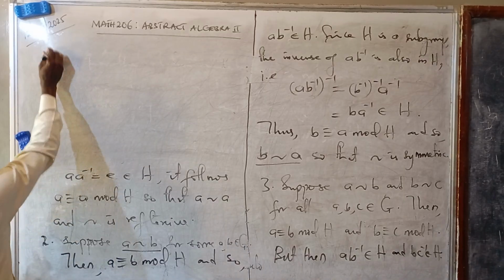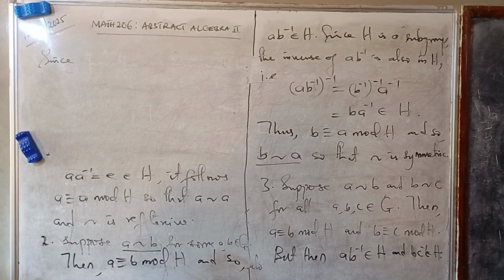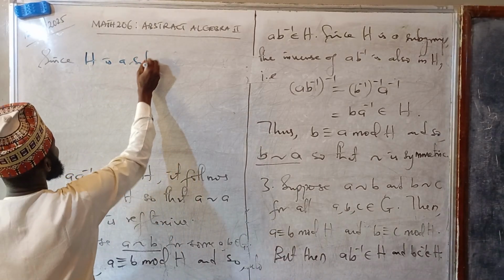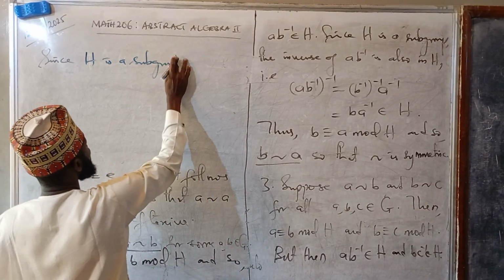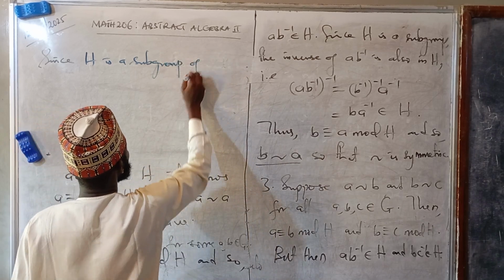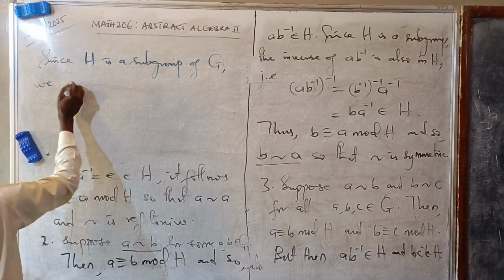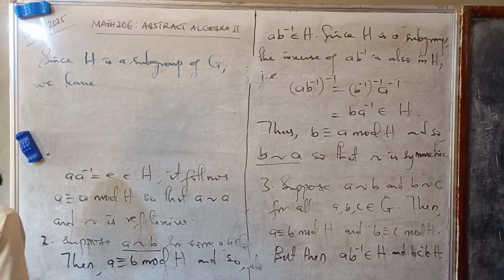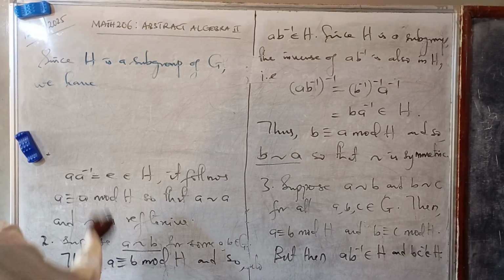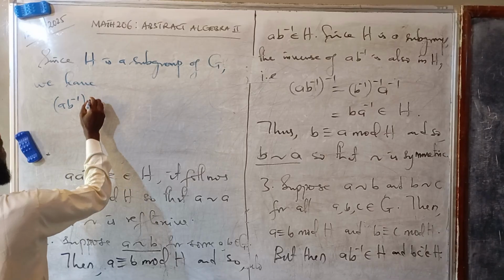Again, since H is a subgroup of G, H is closed under multiplication. So if I pick the element AB inverse and multiply it with the second element, BC inverse, you have AB inverse times BC inverse. You can simplify this by associativity.